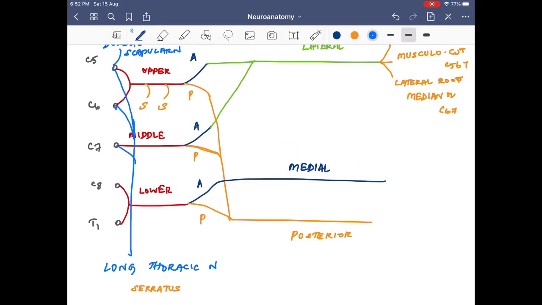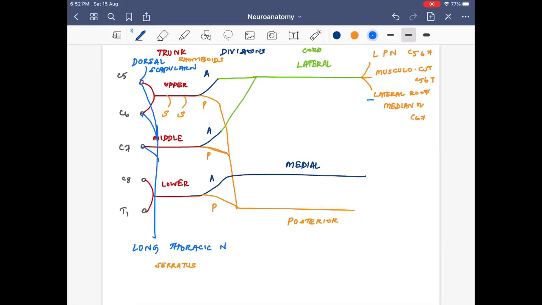Then coming to the medial cord. In the medial cord, we have the medial root of median nerve. We have the lateral root from the lateral cord, the medial root from the medial cord. Then we have the medial pectoral nerve. We had the lateral pectoral nerve there. Now we are having the medial pectoral nerve here.